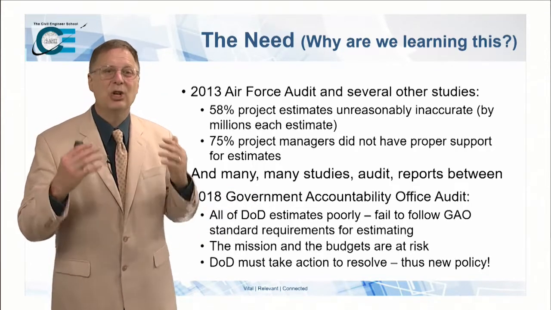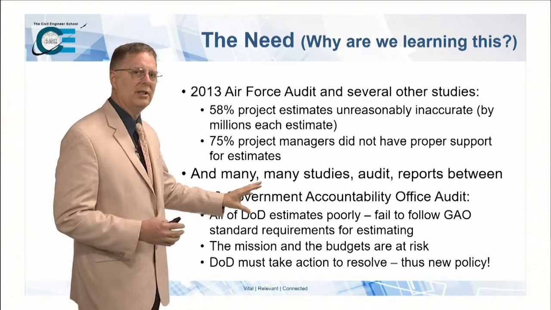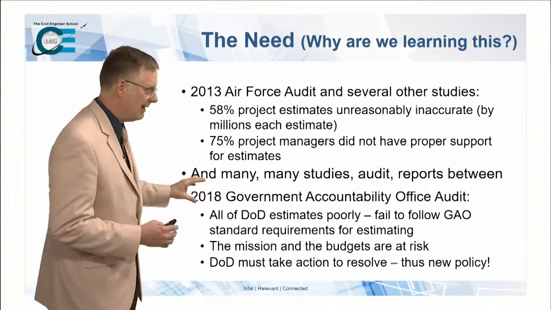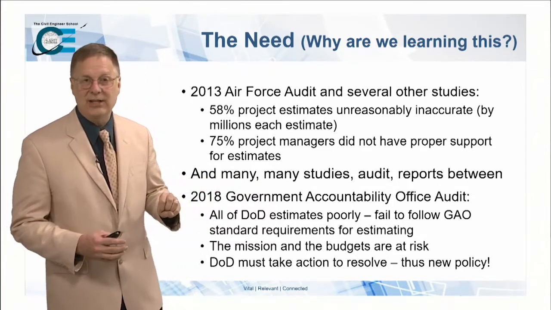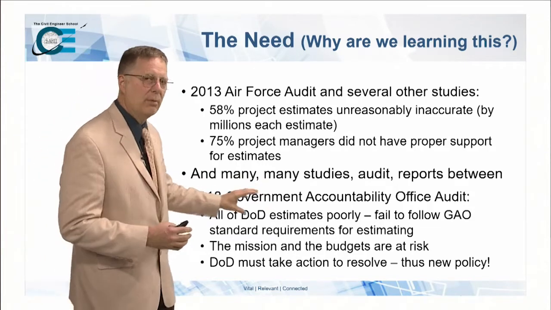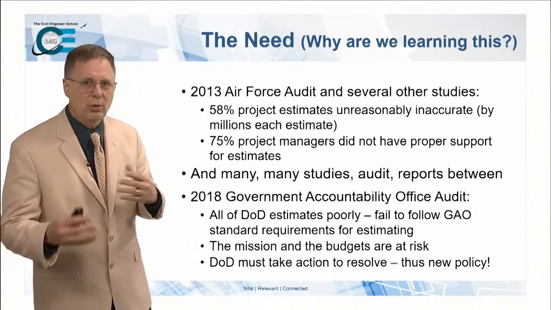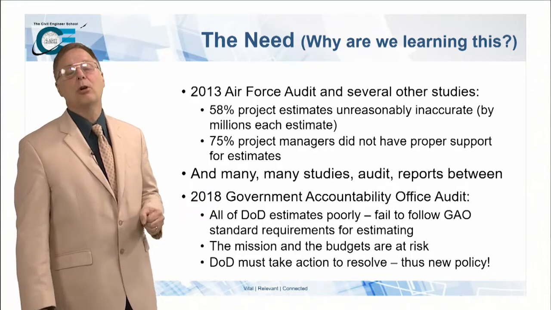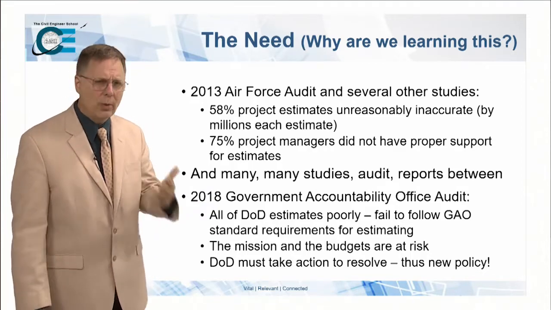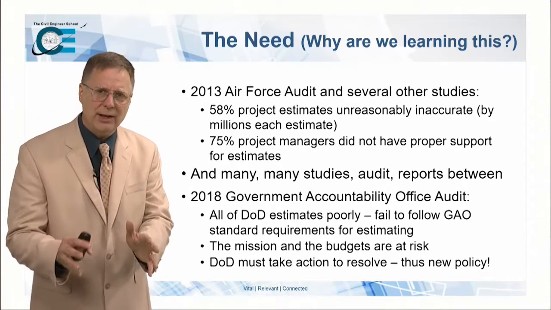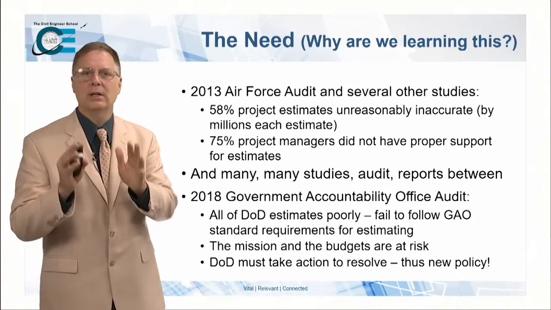In fact, they are still ongoing. This GAO audit, the Government Accountability Office, which is the audit agency of Congress, was one of the most recent published reports, but there are 2 or 3 other audits still ongoing today that are showing the same thing. Let me boil it all down to you in some straightforward findings.